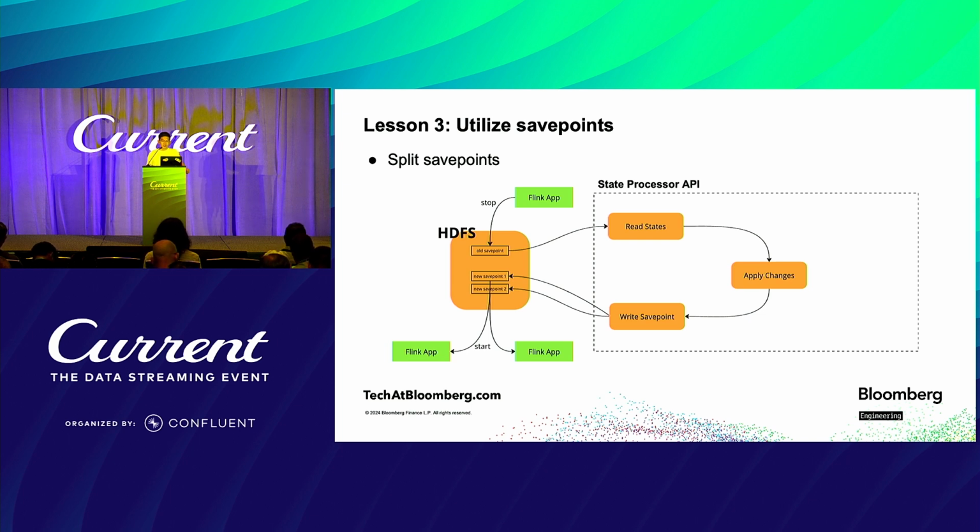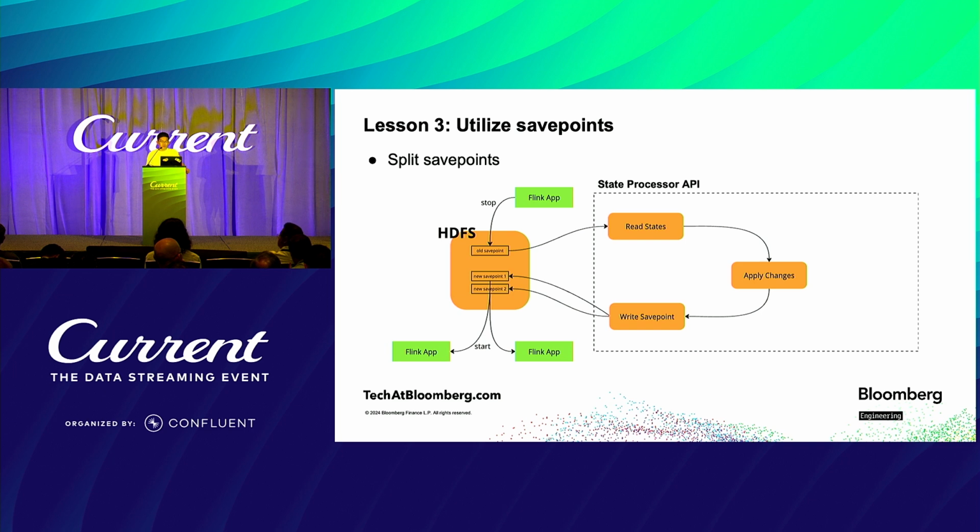We then use the state processor API to read states out of this savepoint. From there, we can split the state that we're reading into multiple different data streams, perhaps by applying some filtering or some other changes. Right? And then we can write each of the data streams as a single savepoint back to HDFS.